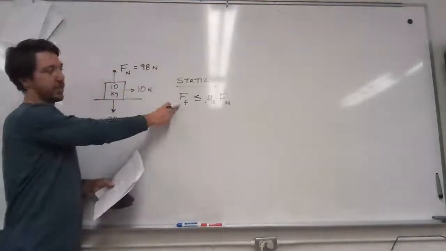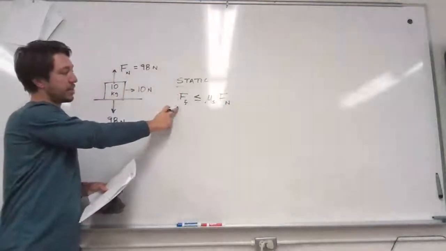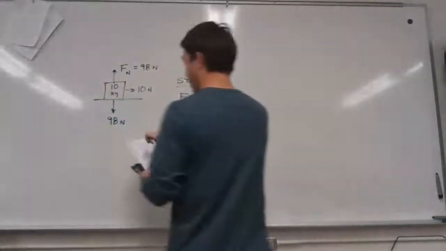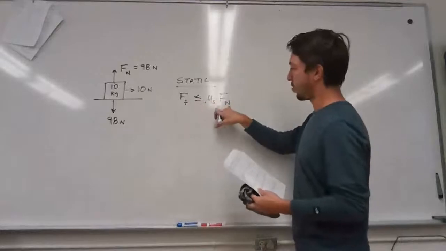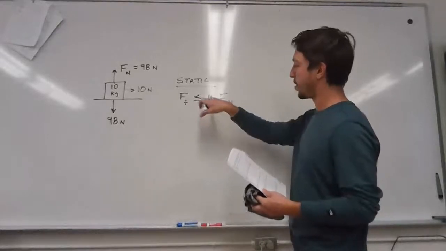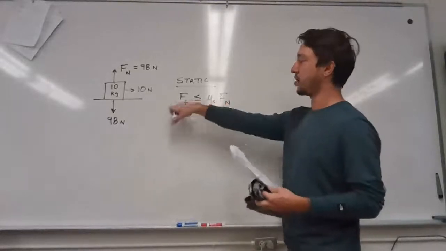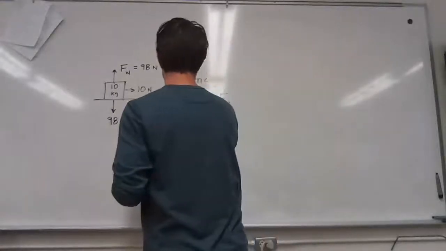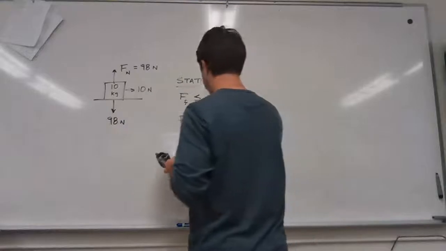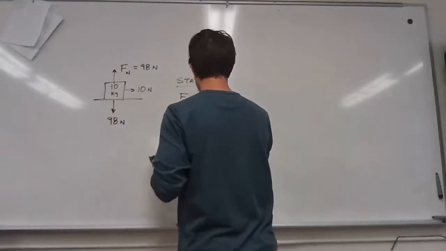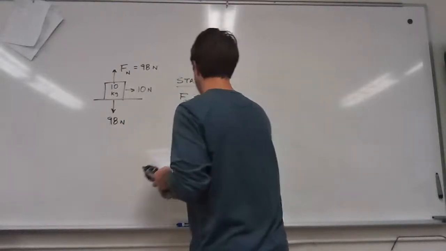So that's what you missed yesterday, Emily. These are dimensionless quantities. They don't have units, because when you multiply the coefficient times the normal force, it's newtons times no units, which makes newtons. So for the static scenario, it's going to be 0.15 times 98 newtons.